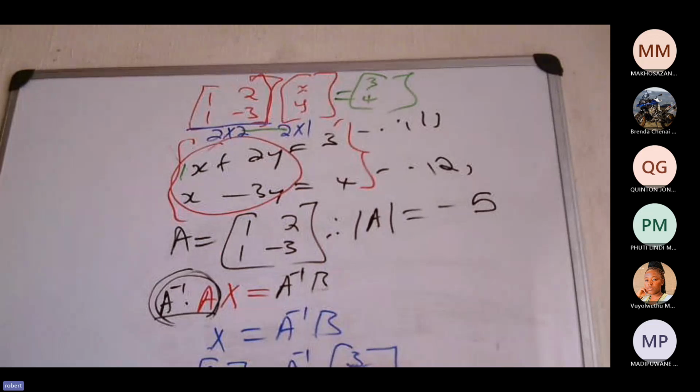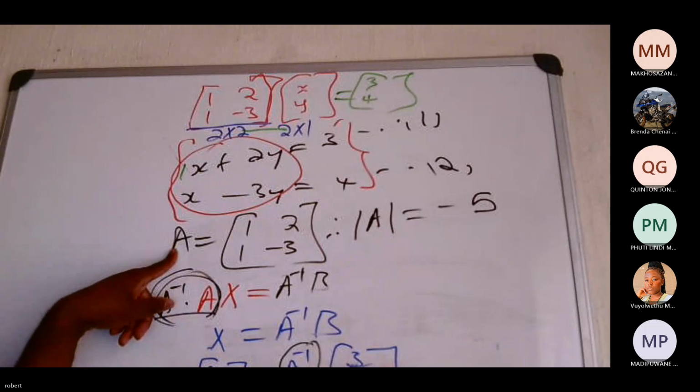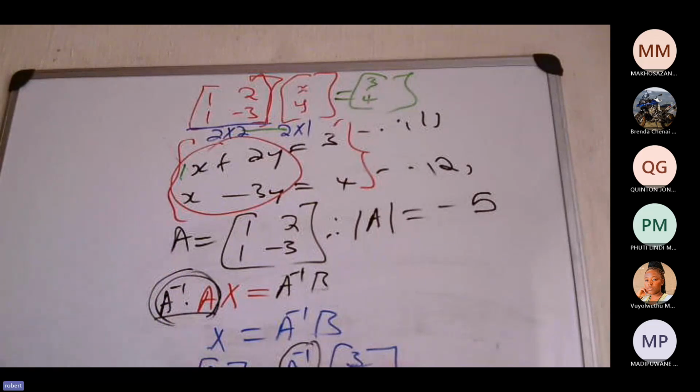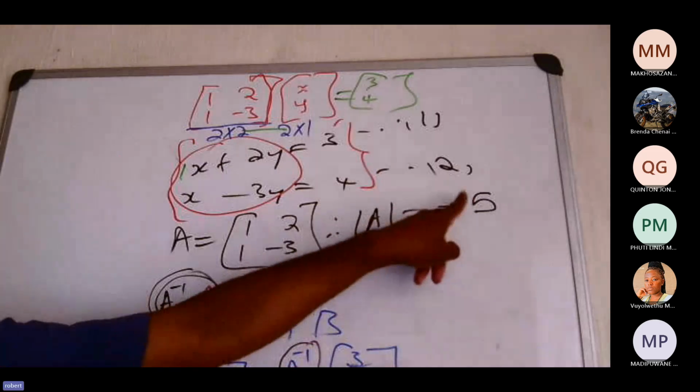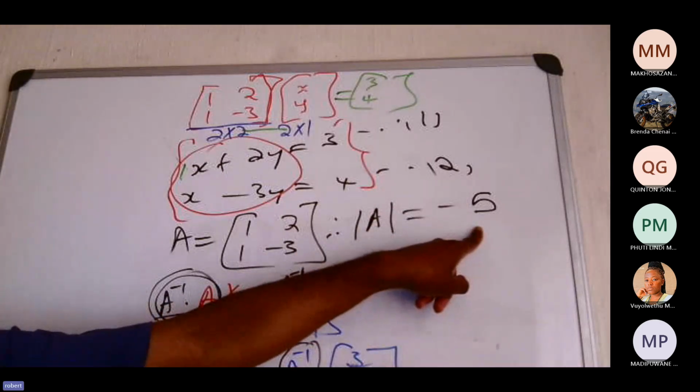So therefore, the only task now, which I'm not sure whether we still need to call it a task, is just to find the inverse of this, which we did last week. This is A. Then find the inverse. We know it exists because the determinant is not 0.